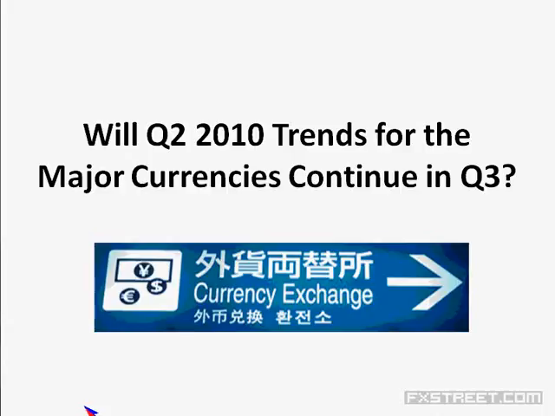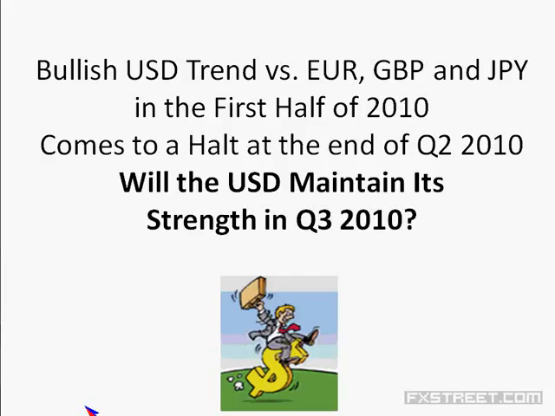So, as we have now started the third quarter of 2010, one of the main questions a lot of traders are asking themselves is, are we going to continue the trends that we saw in the second quarter into the new one? What were the main trends for the second quarter of 2010?